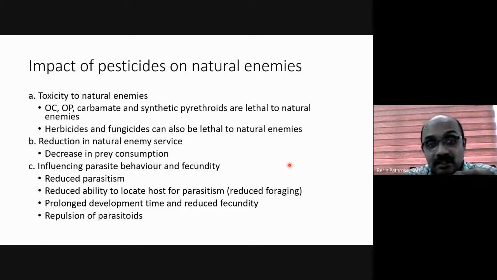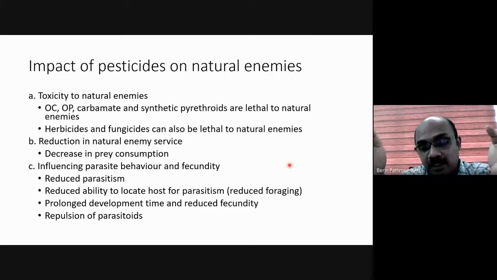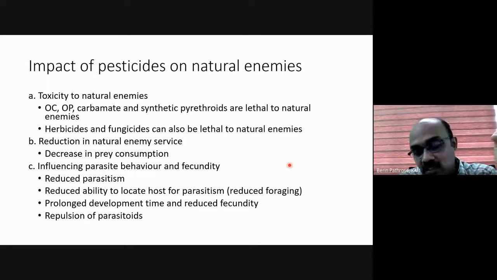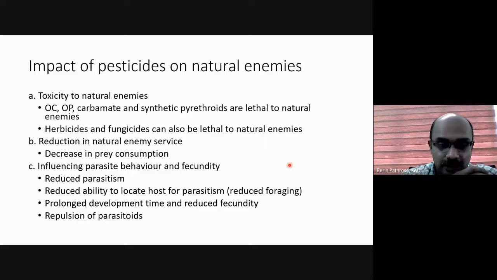The third impact is influence on the natural enemy behavior. Here, consider predator and parasitoid; you can rename it as influencing natural enemy behavior and fecundity. Sometimes it can reduce the predation and parasitism that we discussed earlier.